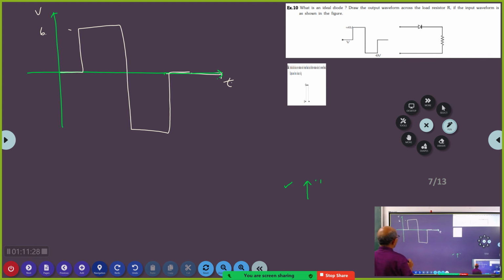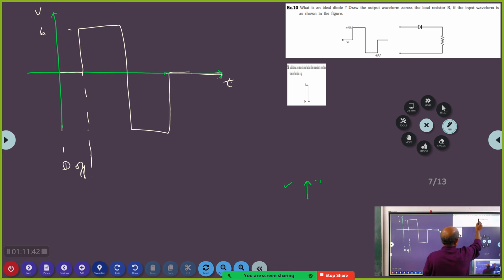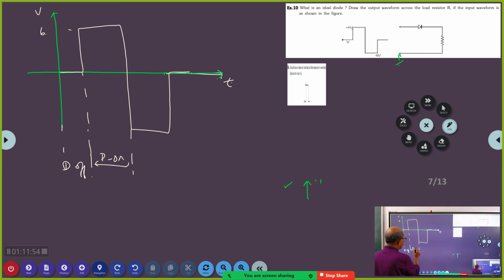Now, what happens? During this interval of time, you see this circuit here, the diode is off, because this voltage is 0 with respect to this voltage. Now during this period, this voltage is 6 volts with respect to this one, therefore the diode is on.